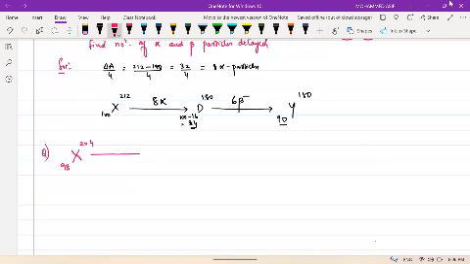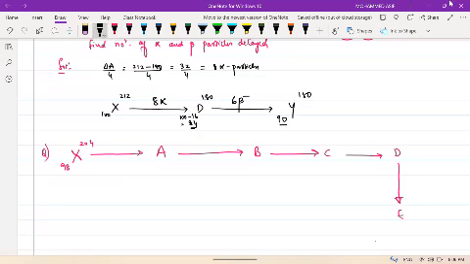It gives A, A gives B, B gives C, and C gives D, and D gives E. Then F, G, H, I, and J follow.